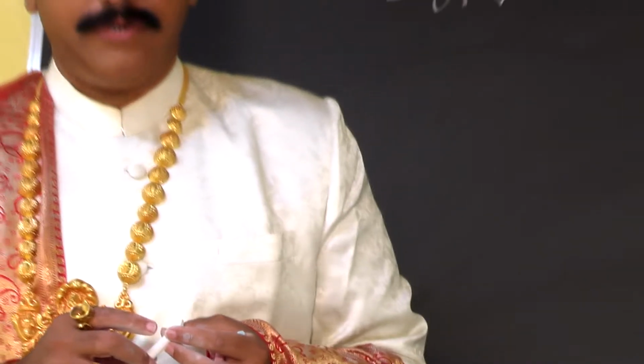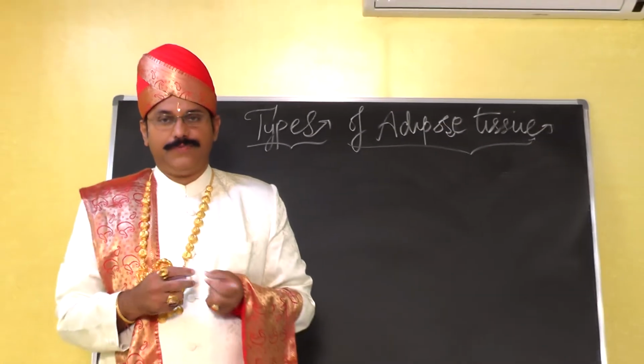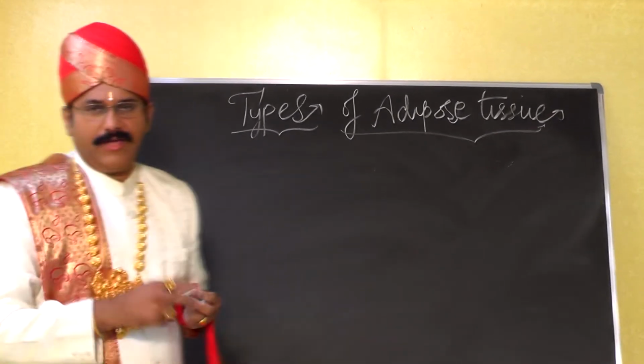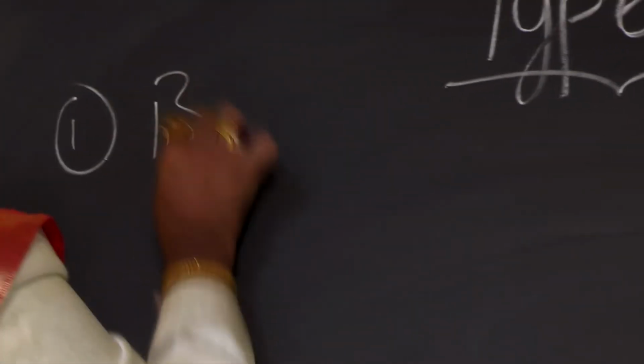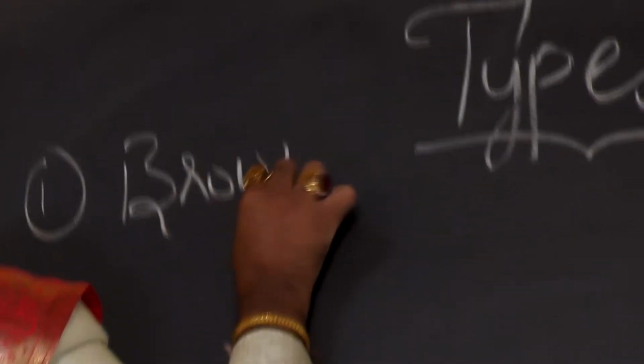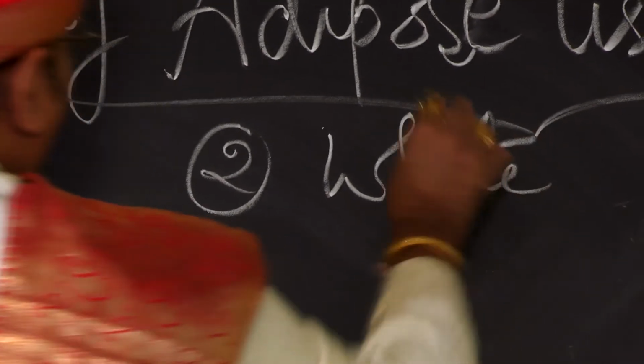Let us now discuss the types of adipose tissue. How many types do we have? We have two types. One is called the brown adipose tissue, and the other is called the white adipose tissue.